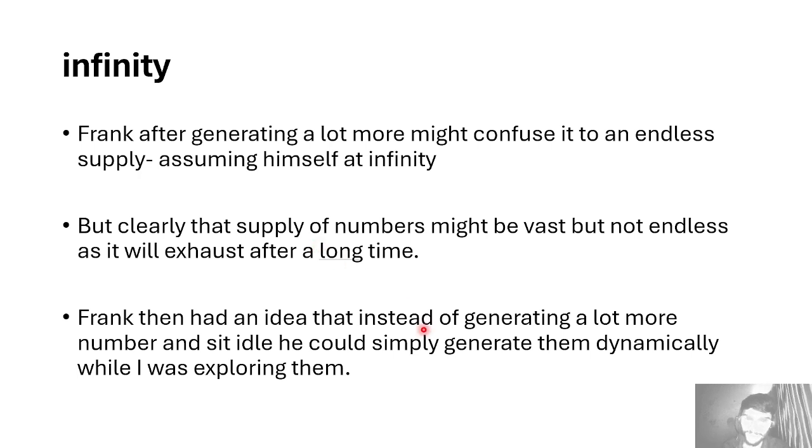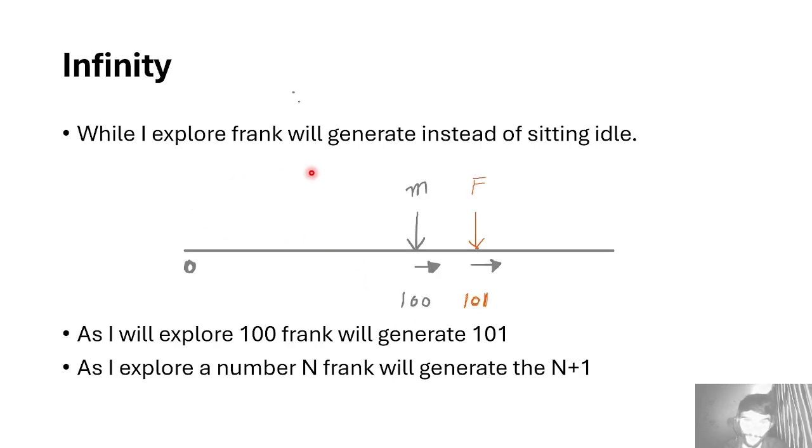He says that instead of generating a whole lot of numbers and sitting idle, why doesn't he generate numbers dynamically? That is, generate them while I explore them, right? So while I explore, Frank will generate instead of sitting idle. So here Frank has just generated 101 and I will explore the previous number he generated, 100.